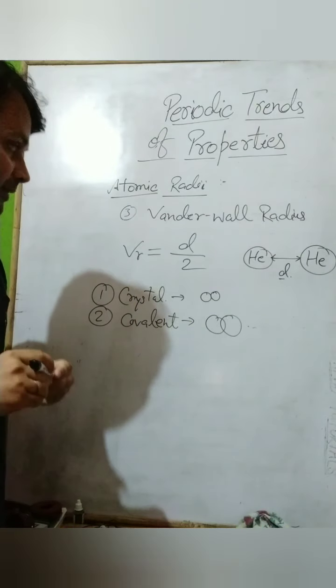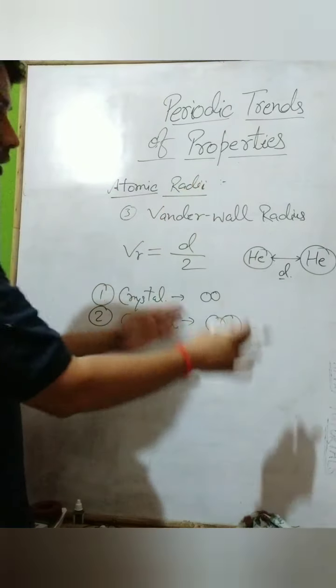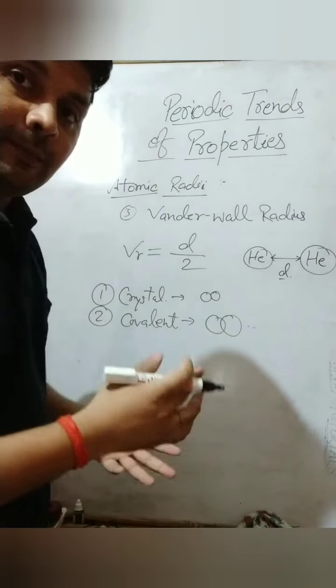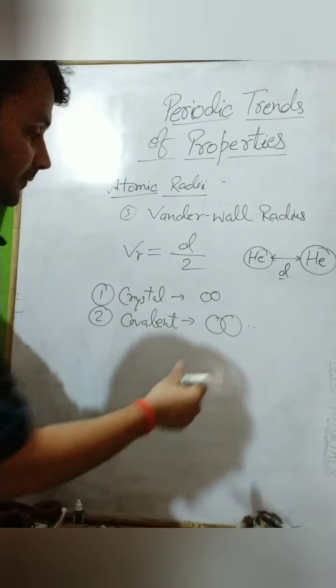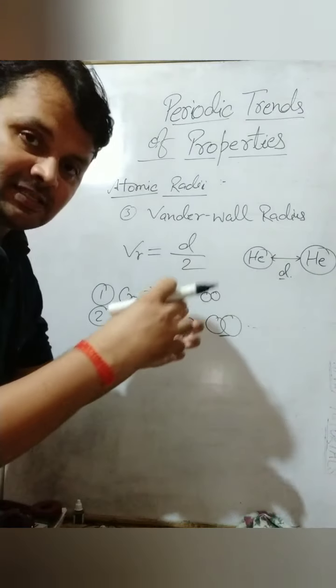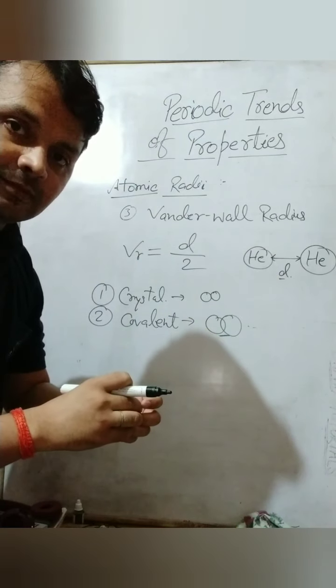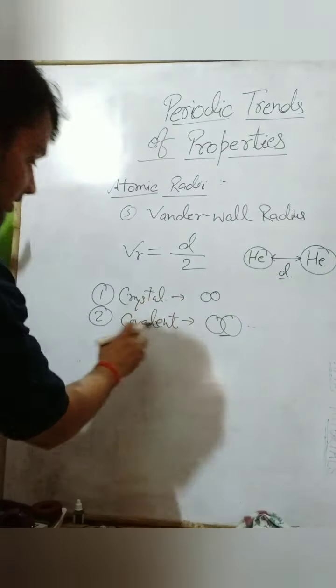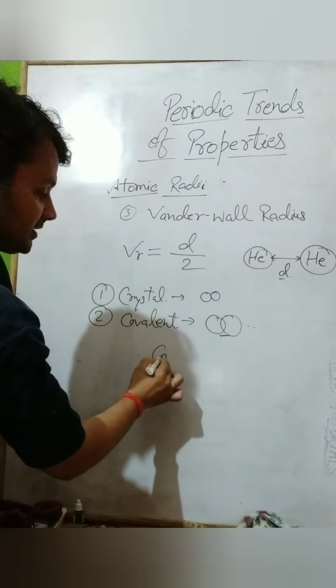So if anybody asks which of these three radii is greater or smaller, how can we compare them? Always remember that when the atoms are combined with each other, some distance is merged between the atoms. Electron clouds are merged, so it will be the smallest, meaning the covalent radius is the smallest.